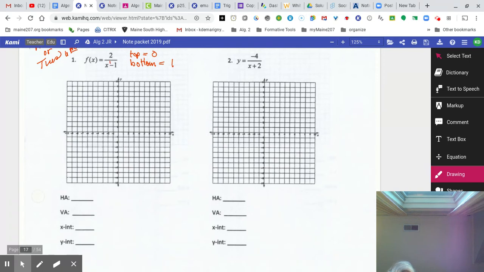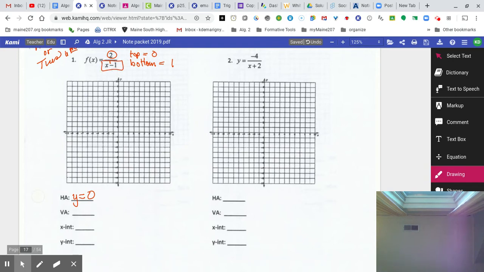That's because this has an exponent of 1. Anything that does not have a variable, this is just a number, it's called a constant. It doesn't have a degree. So it's a 0 over 1, and when the top is smaller than the bottom, then your horizontal asymptote is automatically y equals 0.